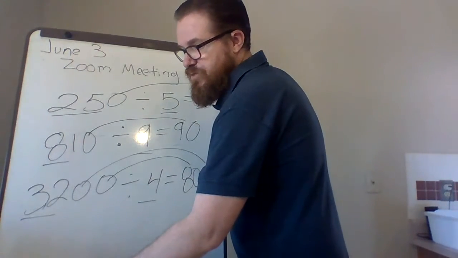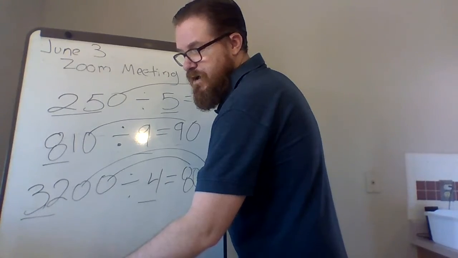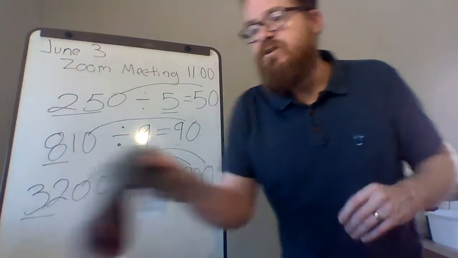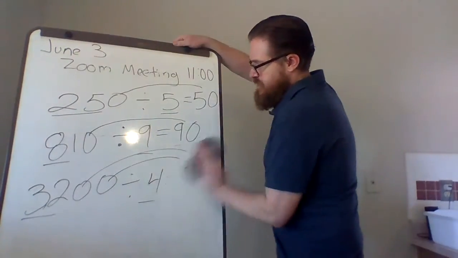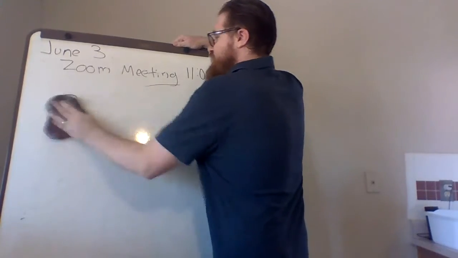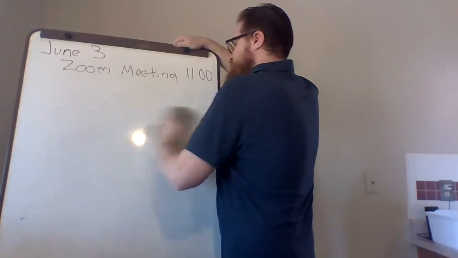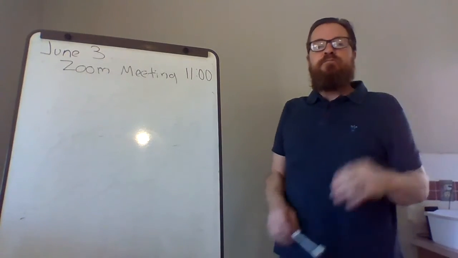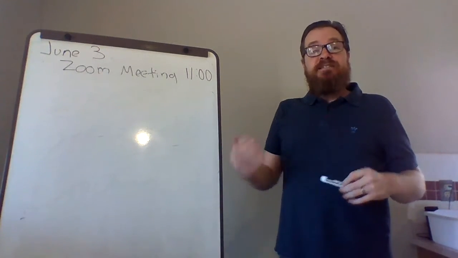Alrighty, so we've gone through a couple different problems there. Now, the other thing that I would mention is you can use this same idea when you are dividing to estimate. We're going to get into some deeper techniques in our Zoom meeting tomorrow.